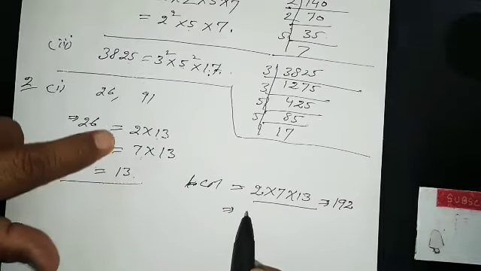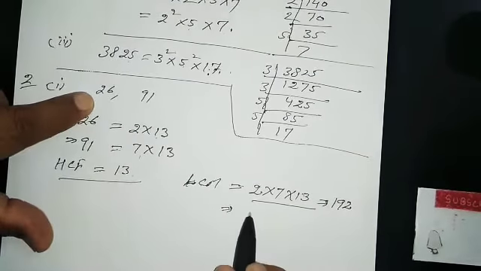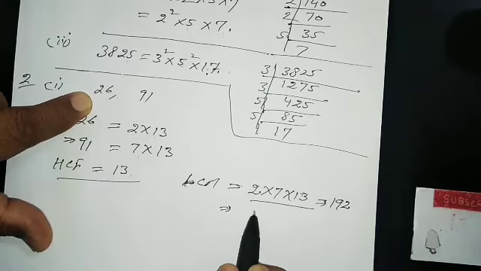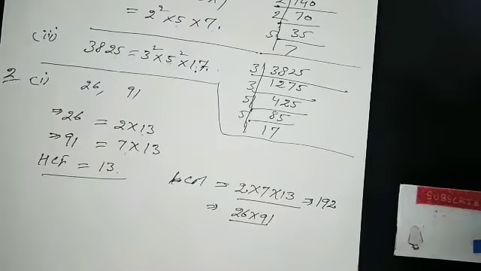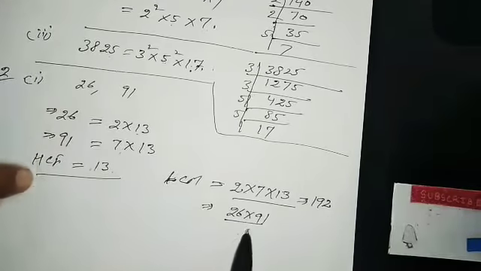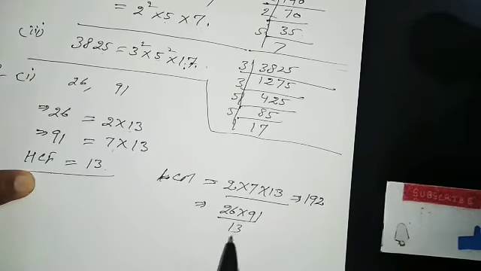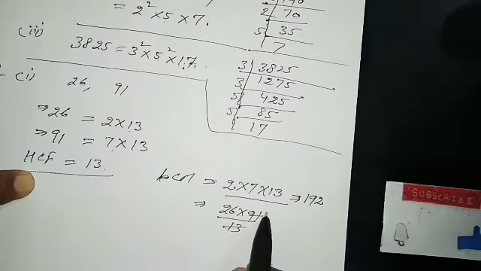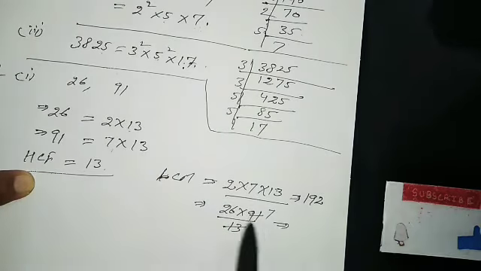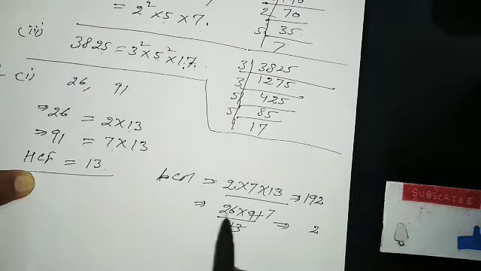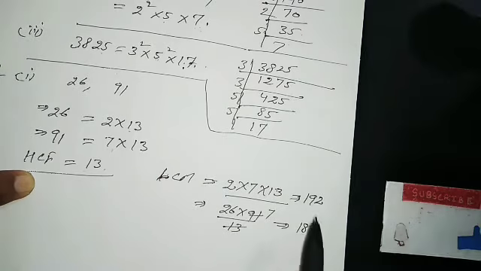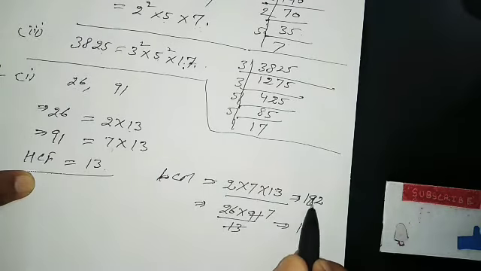Again you can take the other way, the product of numbers divided by HCF, that is 13, and you can divide it as 7 times 2, and 182. Oh sorry, this multiplication will be 182.